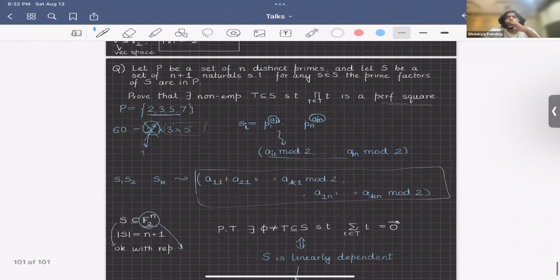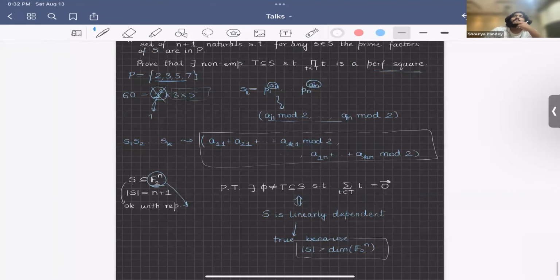So is there a non-linear algebra solution? I guess probably. Maybe induction on the number of primes.